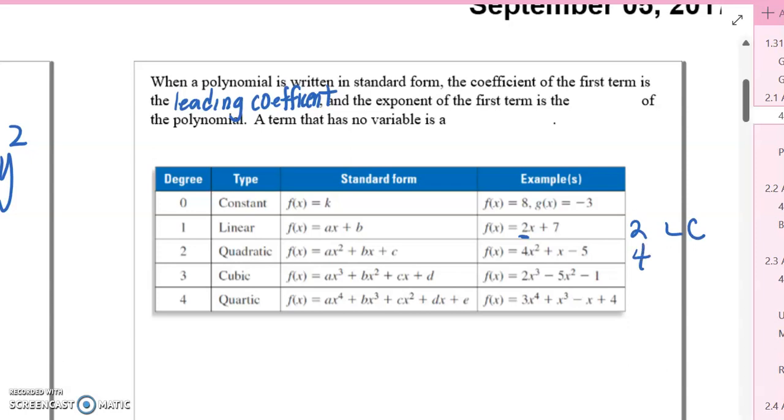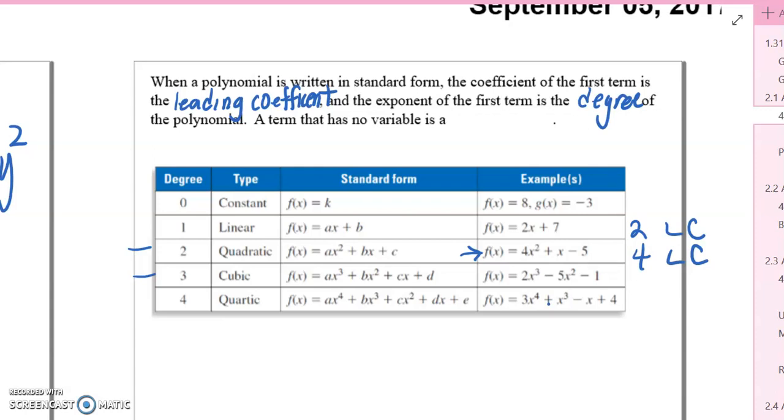In this one, 4 is the leading coefficient. The exponent of the first term, once it's in standard form, is the degree of the polynomial. So we know in this example, the degree is 2. In this one, the degree is 3, and in the last one, the degree is 4, because that is the exponent.